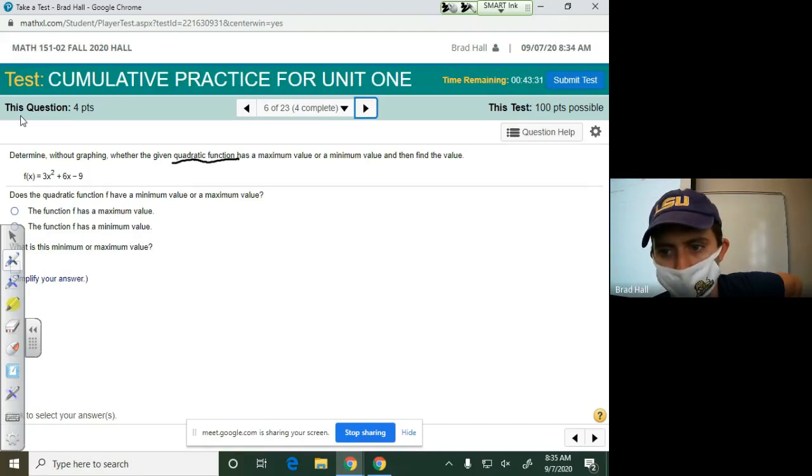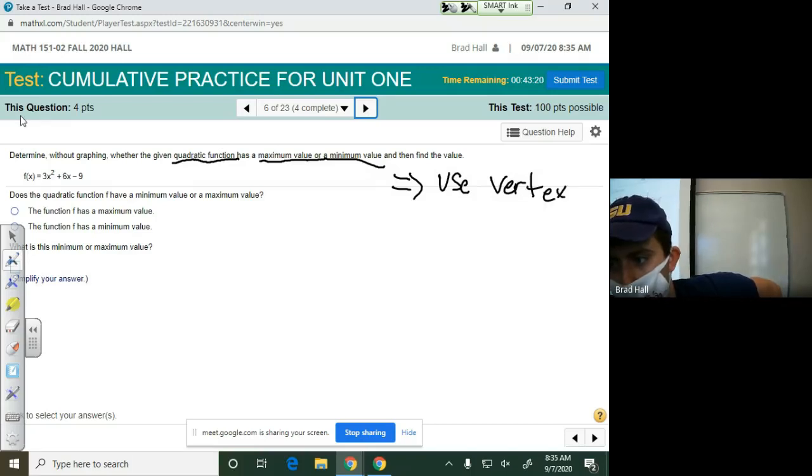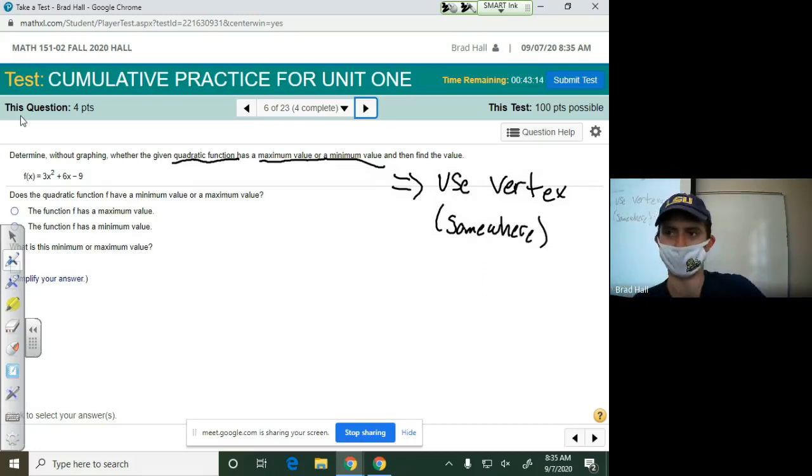So quadratic function, max or min, implies it's the vertex somewhere. Because you may notice for the first part, it just asks, does this quadratic have a maximum or a minimum?